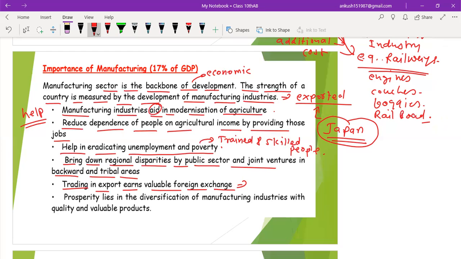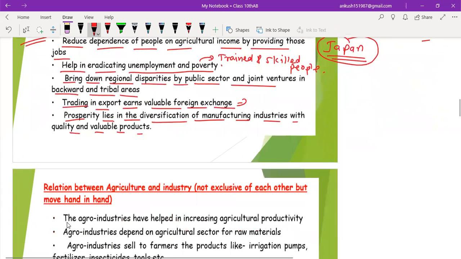Another importance is that prosperity lies in the diversification of manufacturing industries with quality and valuable products. Now, why is it said that prosperity lies in diversification? It means we should not rely upon only one or another type of production.